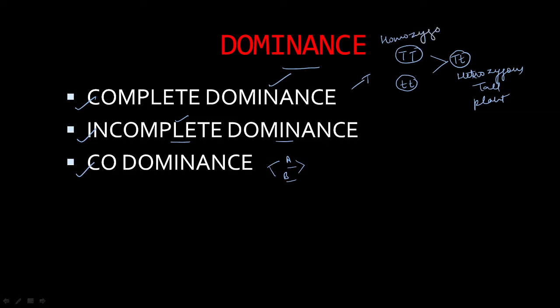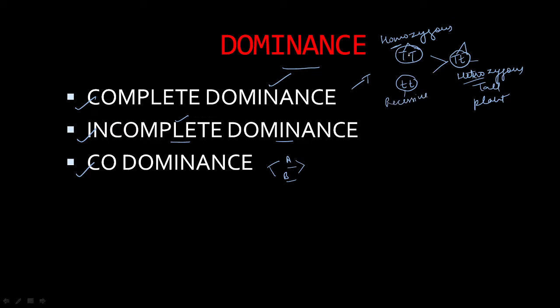Why is it homozygous? Because both the alleles for the character height are the same in this case, whereas both the alleles for height are not the same in the heterozygous condition. So this is homozygous dominant and this one is homozygous recessive.